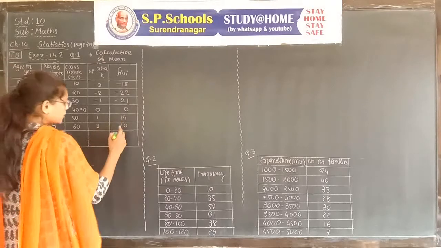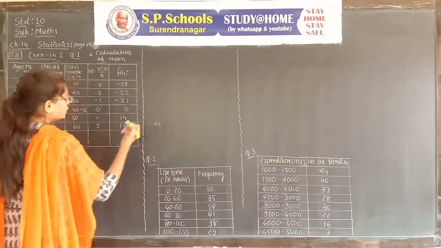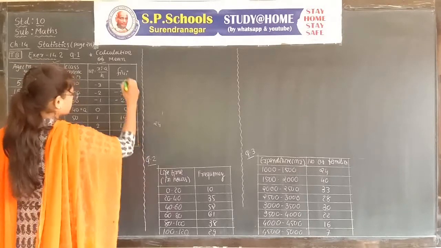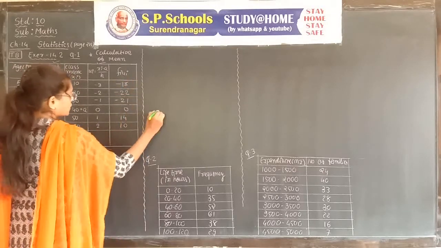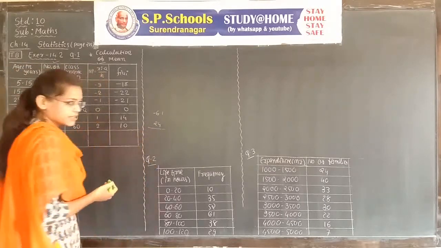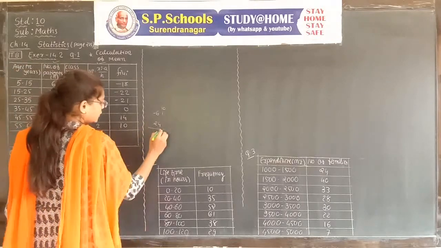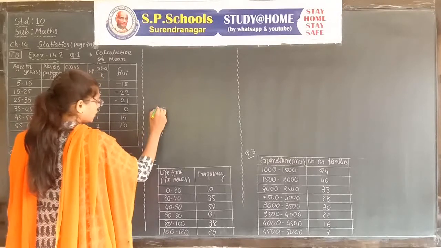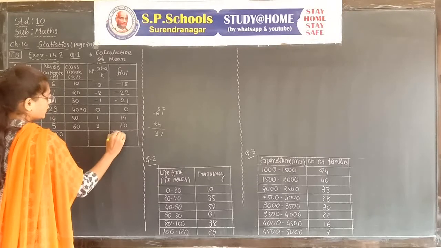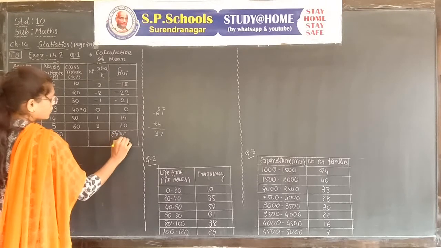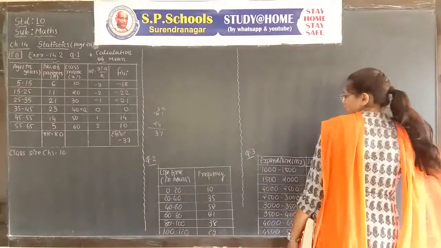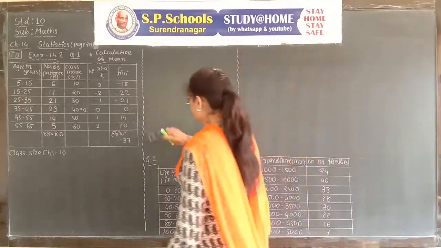Now 14 plus 10 is 24, and 18, 22 and 21 add to 61. Subtracting 24 from 61 gives 37. That's why sigma Fi Ui is equal to -37.